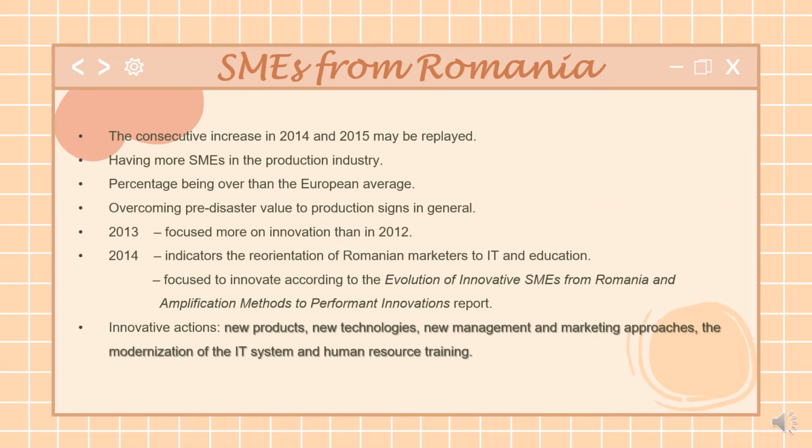Also, in early 2014, education became the most popular non-financial sector for Romanians. So, in 2014, one in four SMEs was focused on innovation, according to the report named Evolution of Innovative SMEs from Romania and Amplification Methods to Performance Innovations.